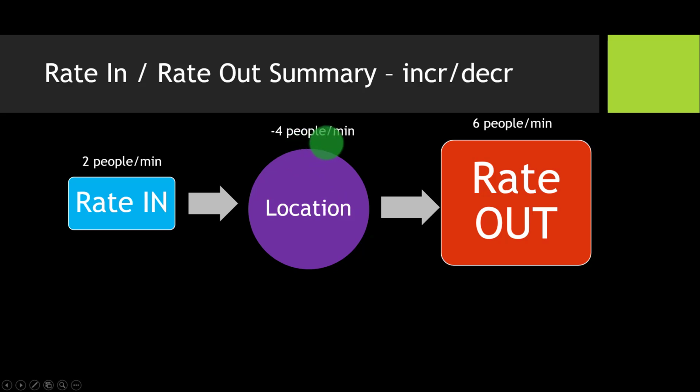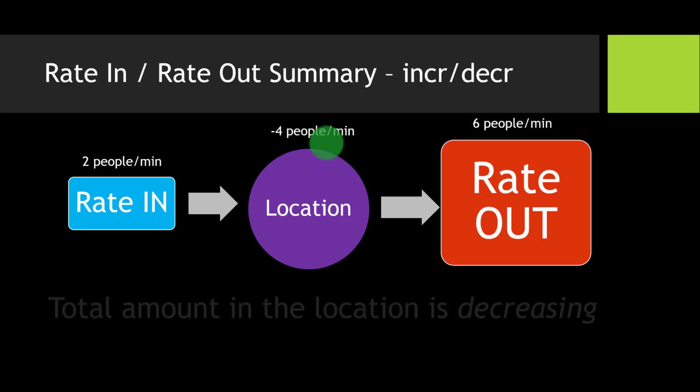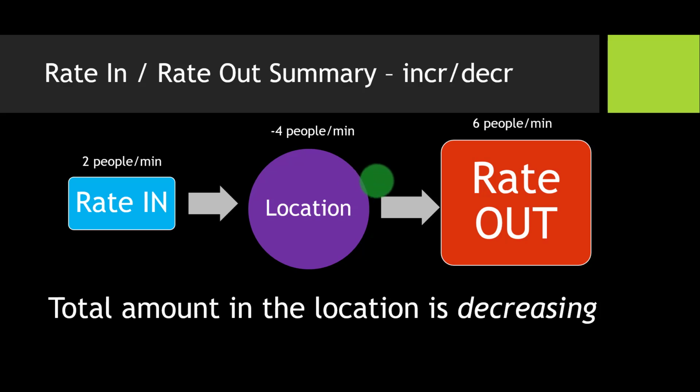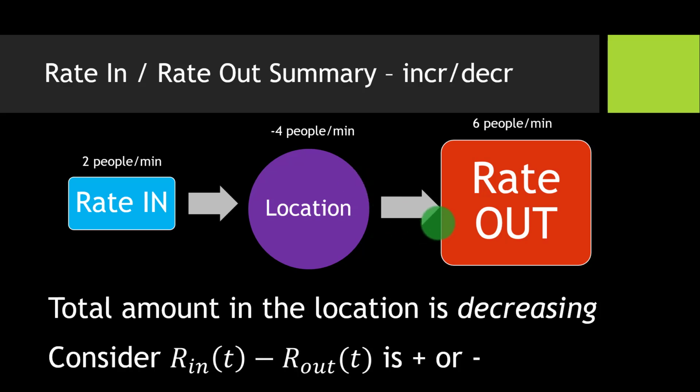People are leaving faster than they're coming in. Then the total amount in the location is decreasing. So we're going to consider rate in minus rate out and whether it's positive or negative. If it's positive, the total amount is increasing, and if it's negative, it's decreasing.